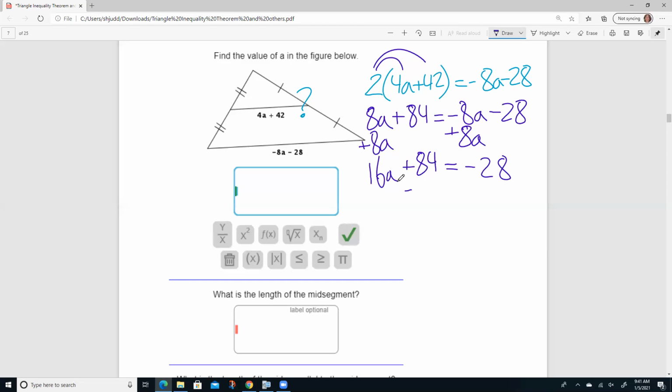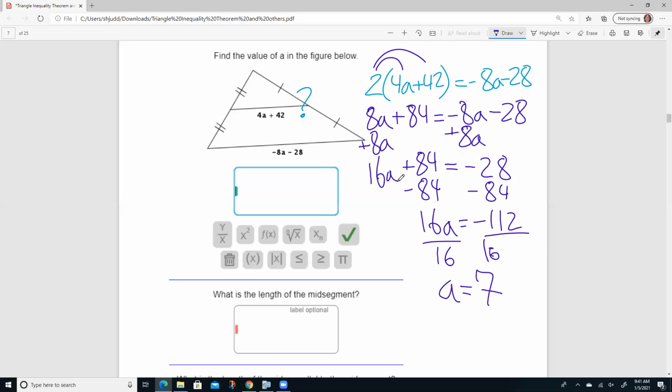So then we go ahead and subtract 84 from each side. And then we'll have 16A equals negative 112. Divide each side by 16. And A will give us, let's see, how many is that? 7.